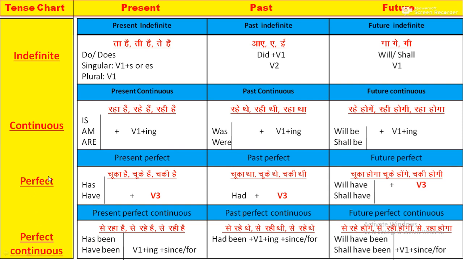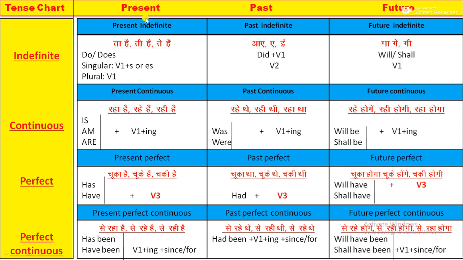Now you know that there are three tenses: present, past and future. Their parts are further four: indefinite, continuous, perfect and perfect continuous.